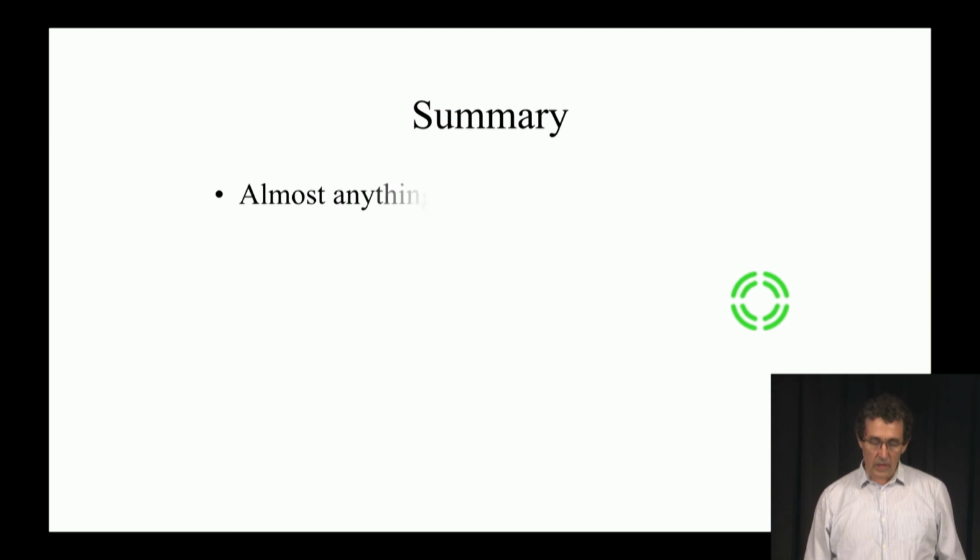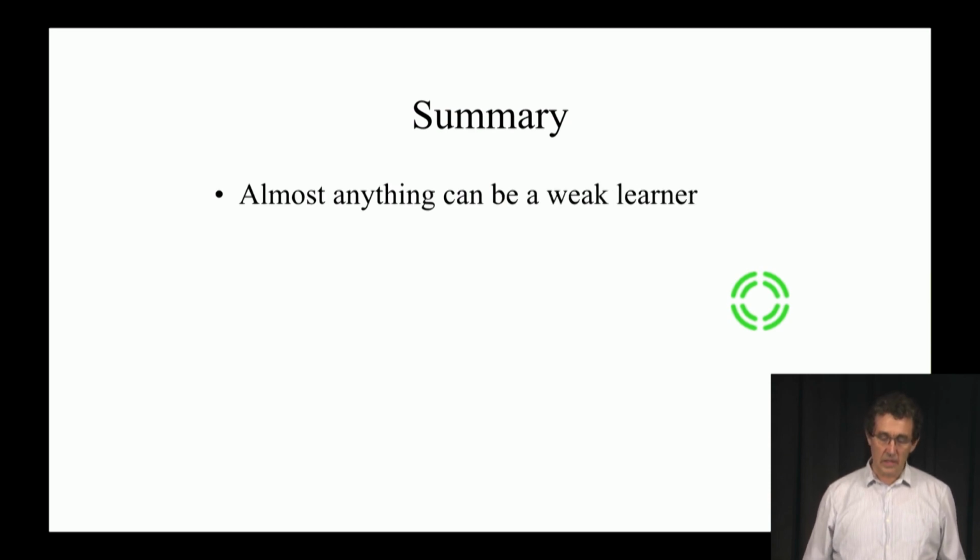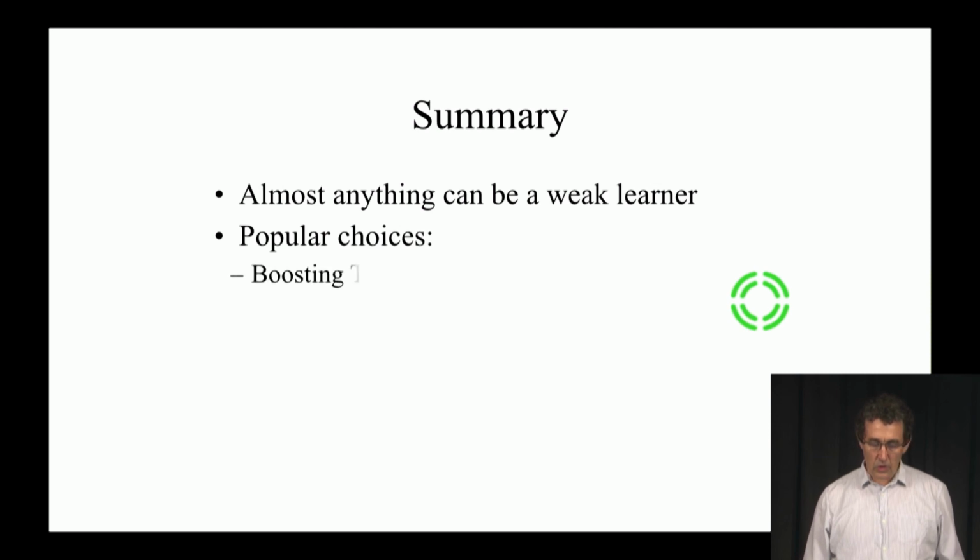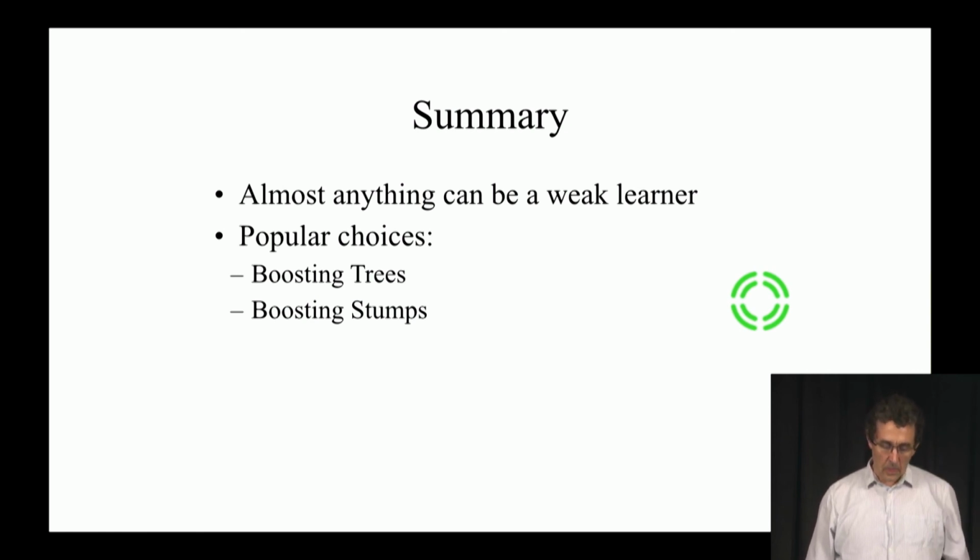Okay, so to summarize, almost anything can be used as a weak learner. And some popular choices are boosting trees and boosting stumps, which is also boosting trees, just trees with one level. Those are the ones for which you can find a lot of software. There are many other possibilities.